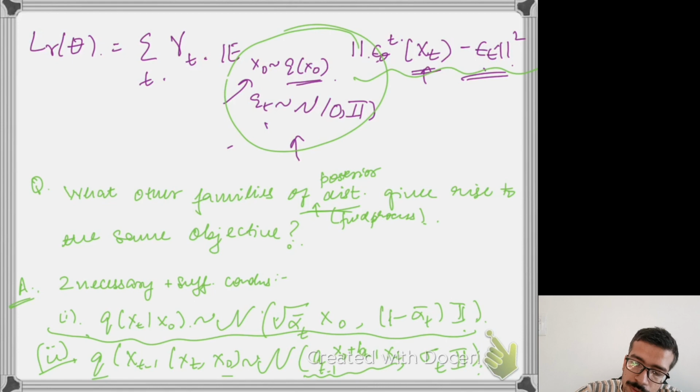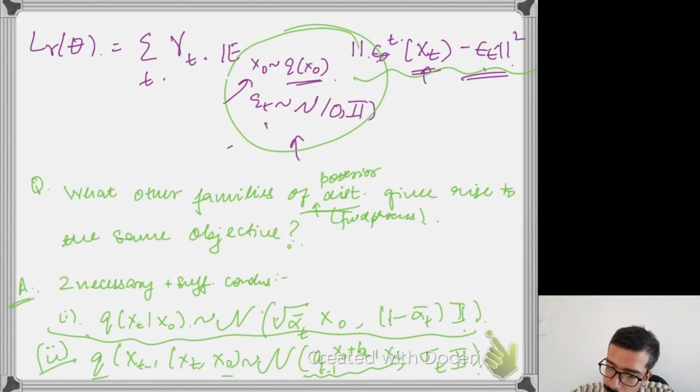So this is how my mean should look: a linear combination of x naught and xt. Actually, I'm not going to call it bt minus 1, let me call it ct minus 1. I'll reserve bt minus 1 for something else, which I'll write right now.